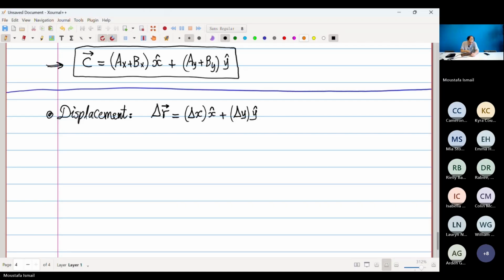Okay? And velocity becomes a vector that is velocity in the x direction plus velocity in the y direction. Same thing for acceleration.